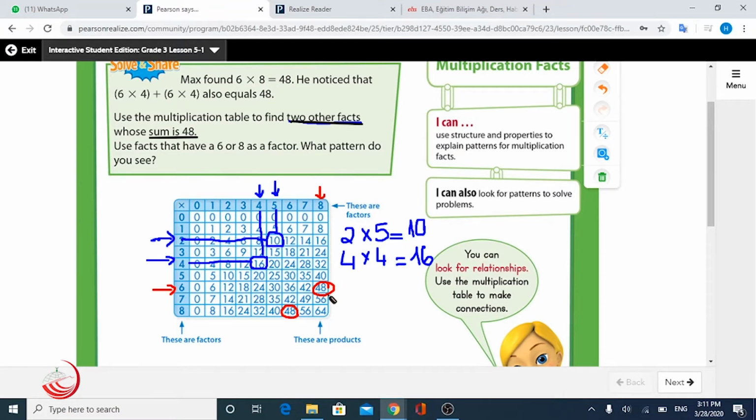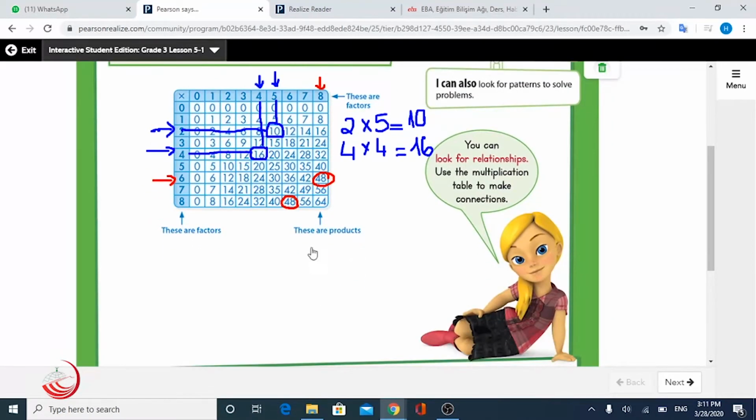They will give me the product of 48. Now, what is my turn? What am I asked to do here? I am asked to find factors like 6 or 8 such that if I add the two facts, they will give me 48.